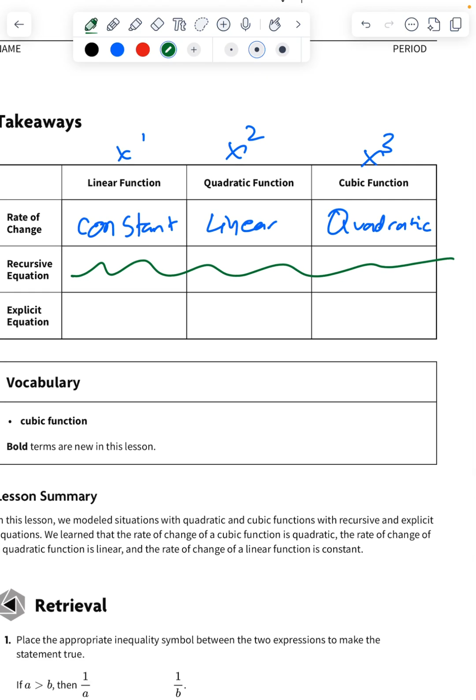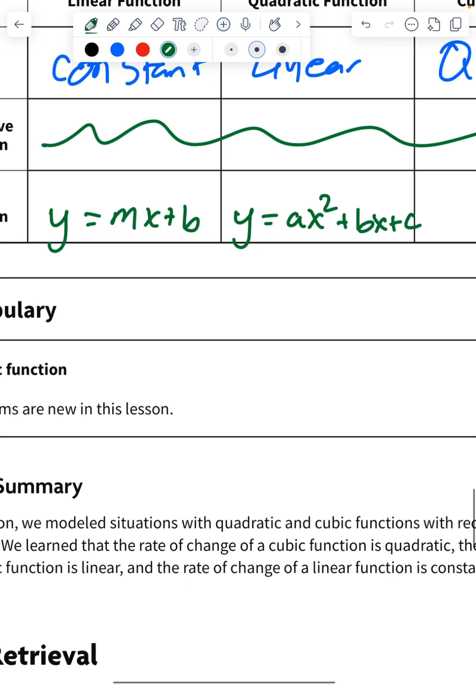Now, in the explicit, I get most of you write y equals mx plus b here. This is totally fine. You may know the quadratic function. It is in standard form y equals ax squared plus bx plus c. Some people instead of m call that a, but it's just so commonly known as m.